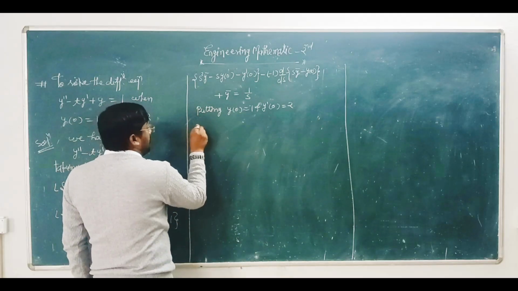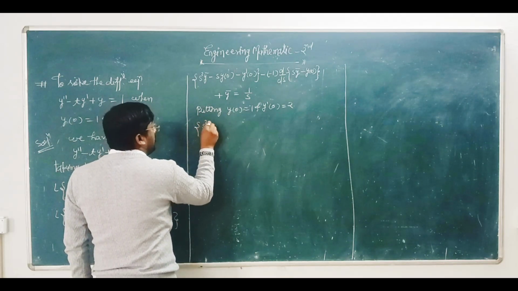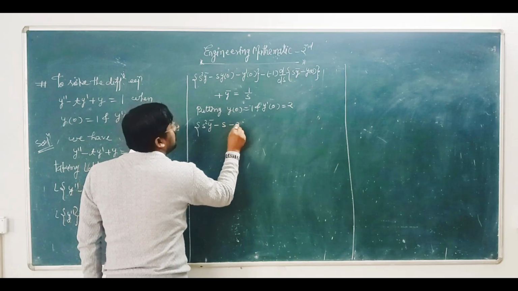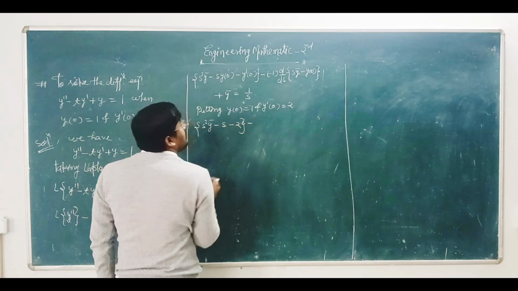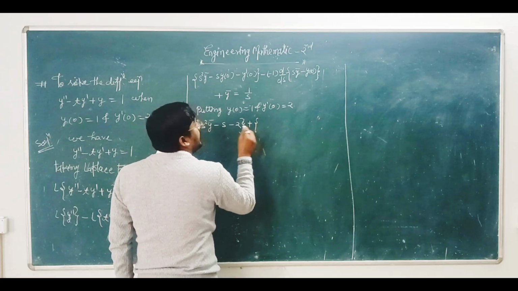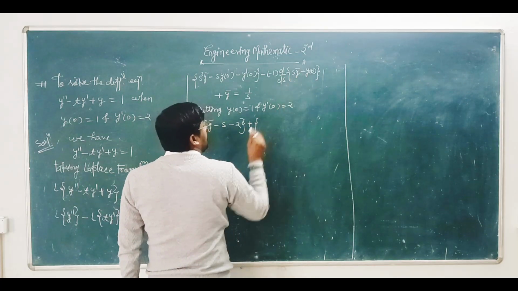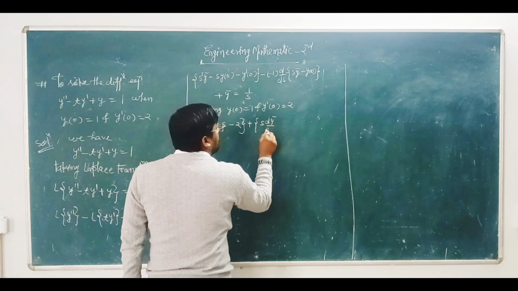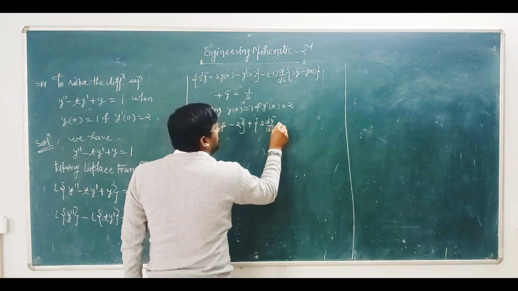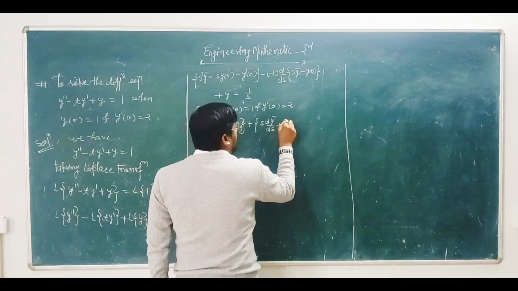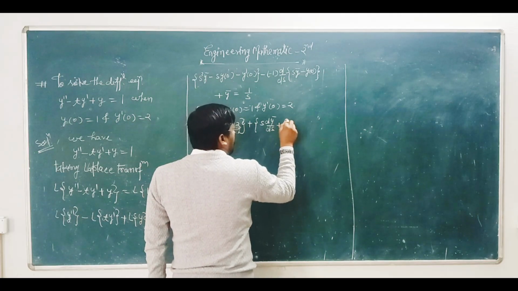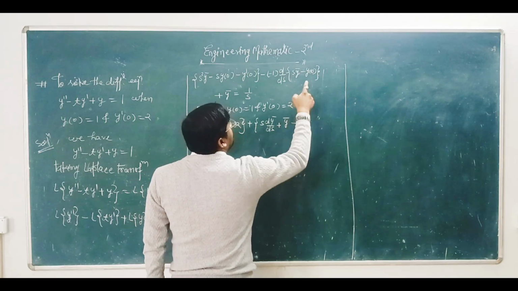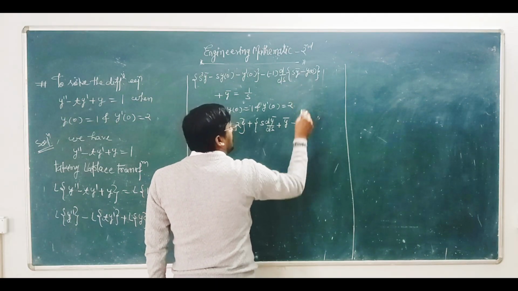Now you can write s square y bar minus s minus 2, minus, plus bracket, this means differential of this function, s dy bar upon ds plus y bar minus, this means constant, this is 0.